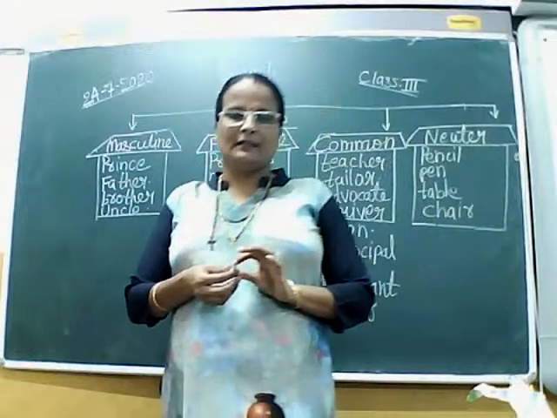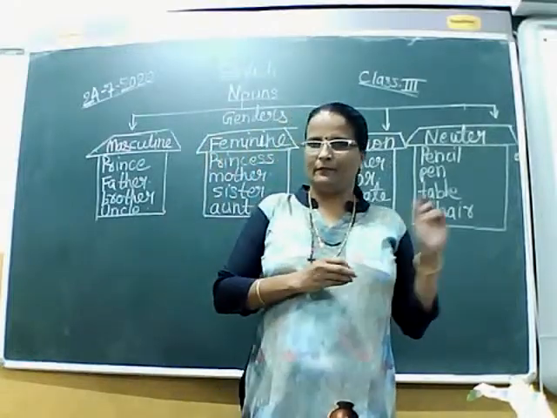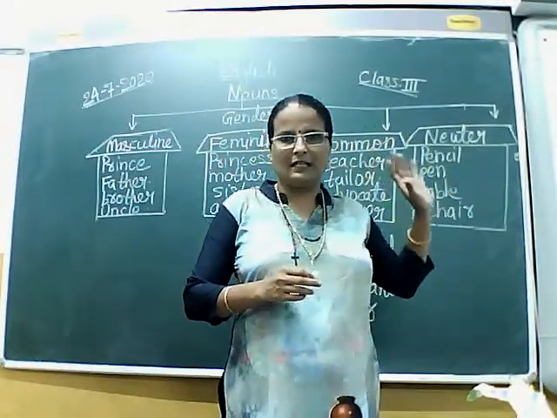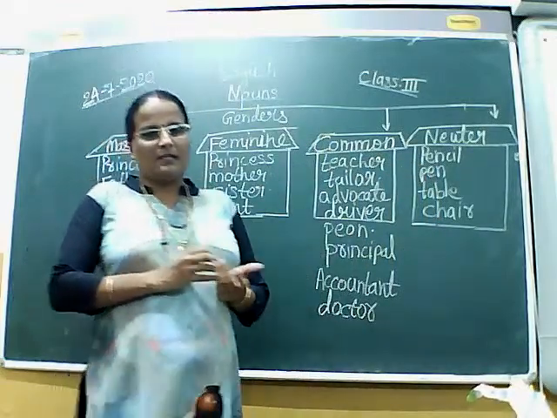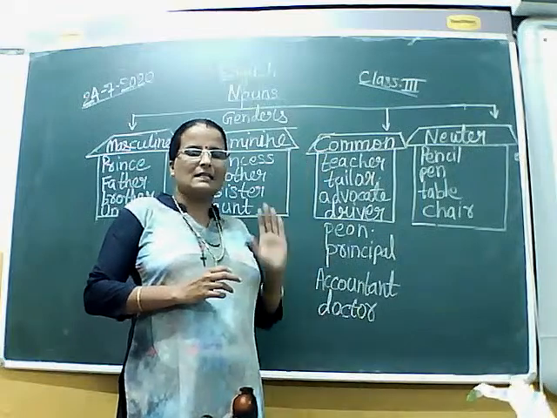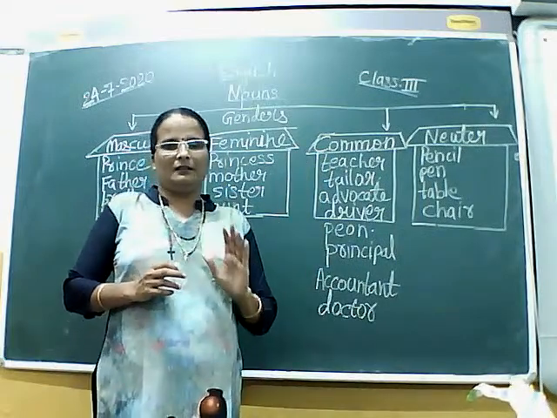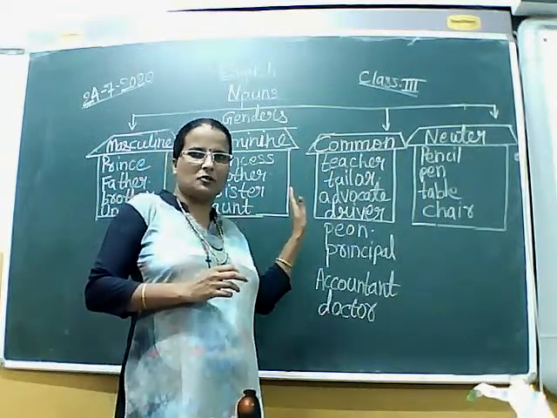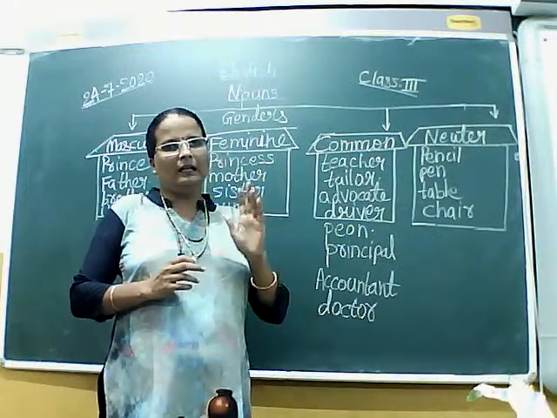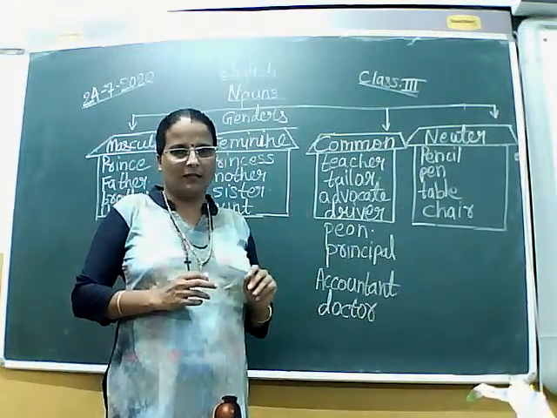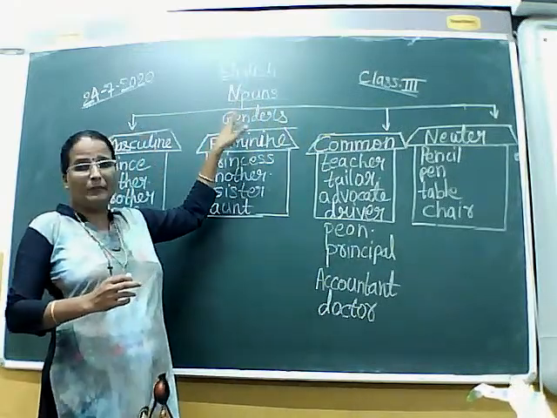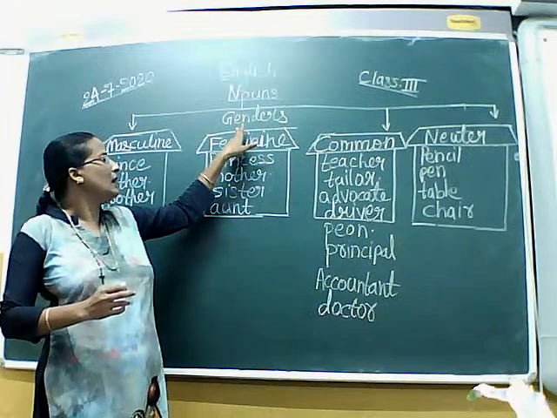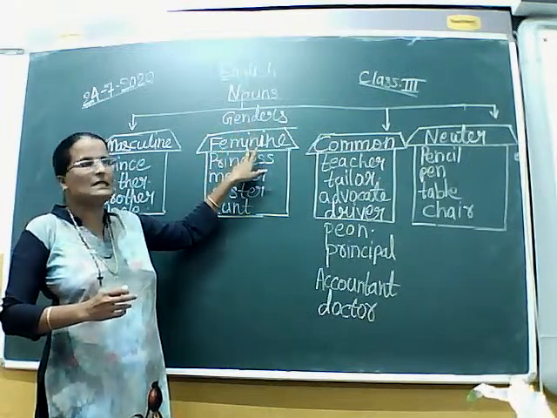So students, today's session is the discussion of genders. We have discussed masculine gender: the nouns which point to the male category are called masculine genders. The nouns which speak about females are in the category of feminine genders.